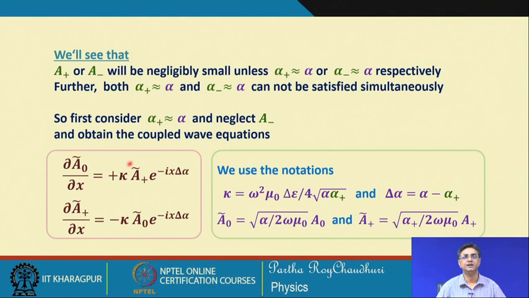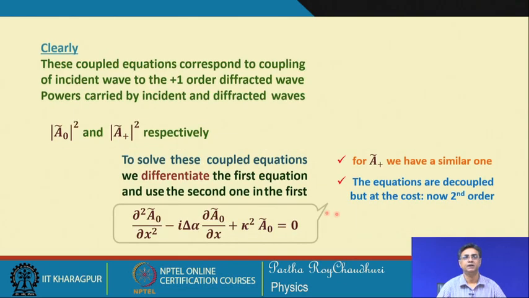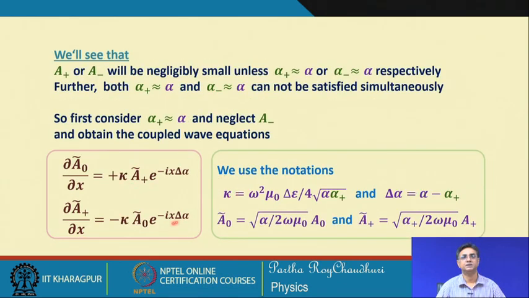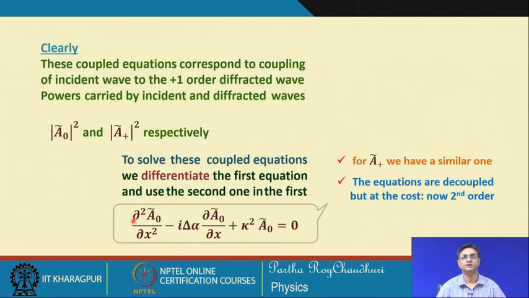If we consider the plus order only, then we end up with this equation. Using these two equations, first you differentiate one, then you substitute into the second one. If I differentiate this and put it into this equation, we can write this equation in this form.